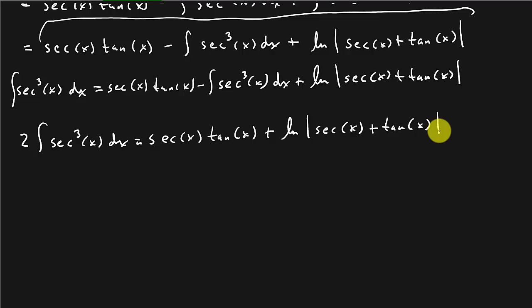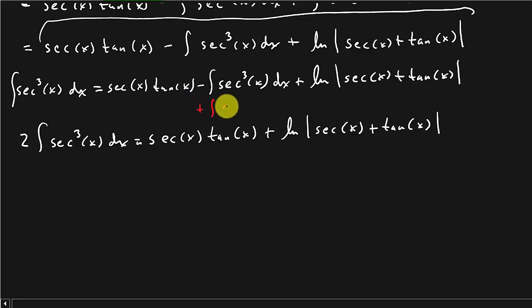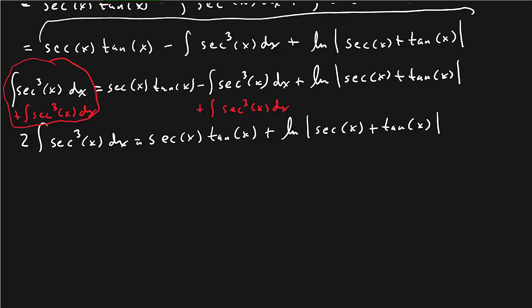Now, how did I get that part? Well, what I did is I added the integral of secant cubed x dx to both sides. And if I add these two right here, that's going to give me 2 times the integral of that. And so now all I have to do is divide everything by 2.